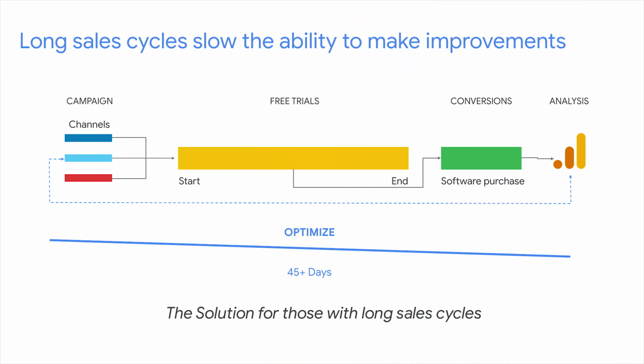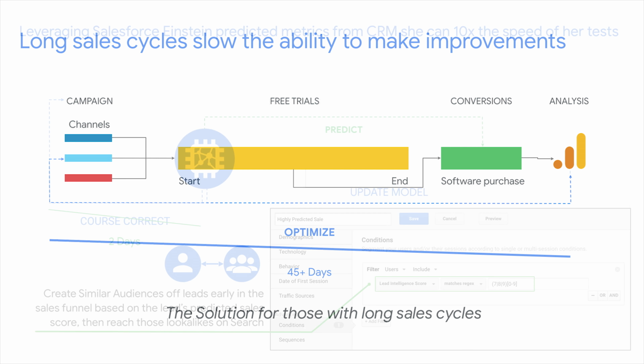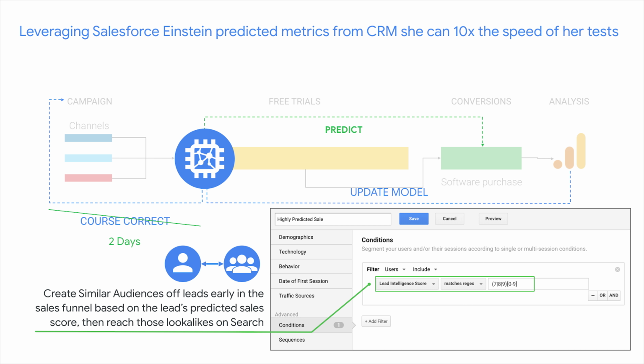With the latest integration with Salesforce Sales Cloud, we actually managed to tackle that problem by allowing you to optimize to a conversion that did not happen, which means you can optimize to a prediction of the conversion that is to happen within a specific timeline. That is only available thanks to something that is pretty cool, which is called Salesforce Einstein.